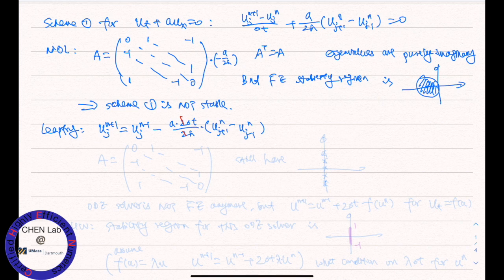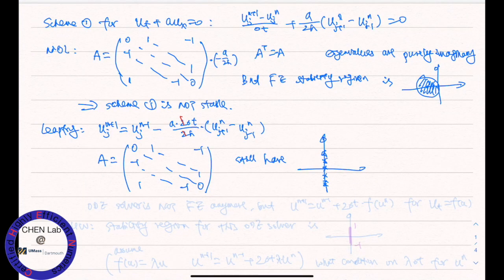For this one, A is still the same thing, because the spatial discretization is the same. So if you do the method of lines, you end up with the same A. We still have the eigenvalues of A purely imaginary.